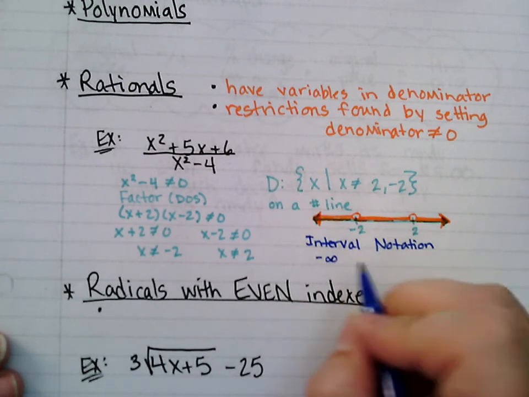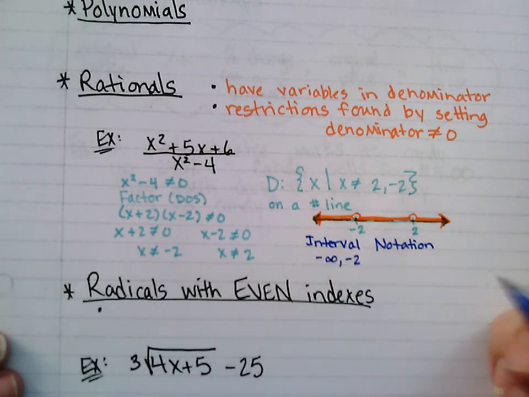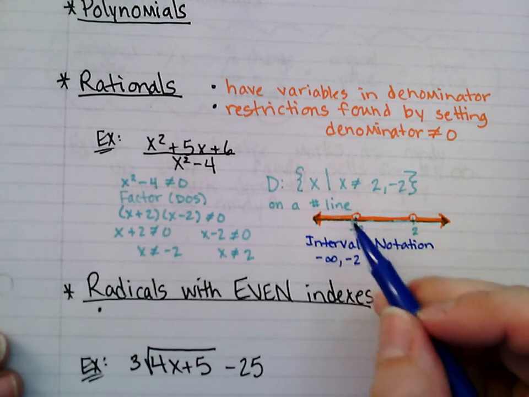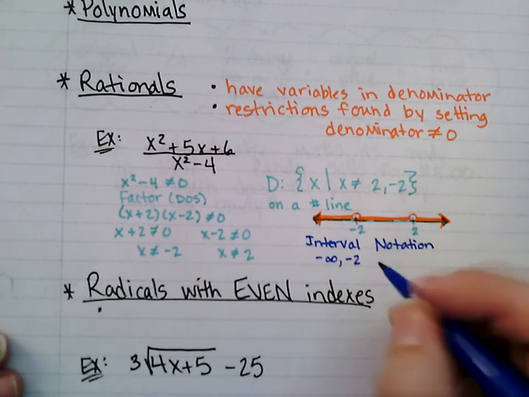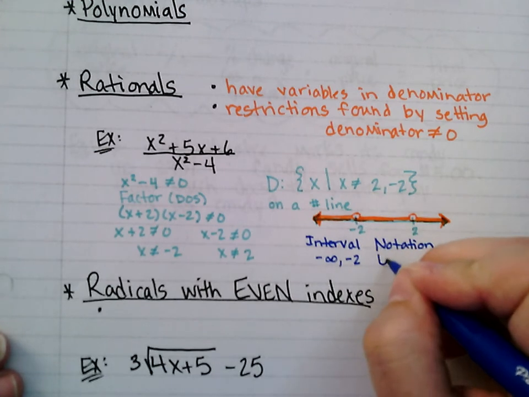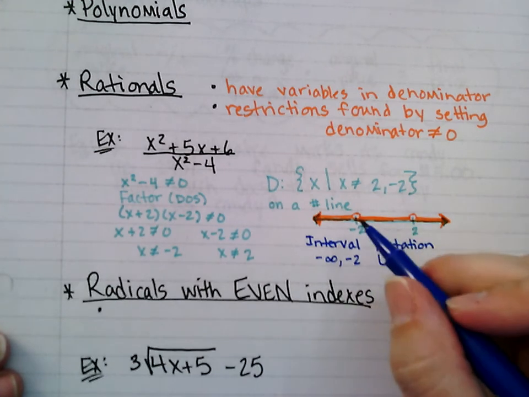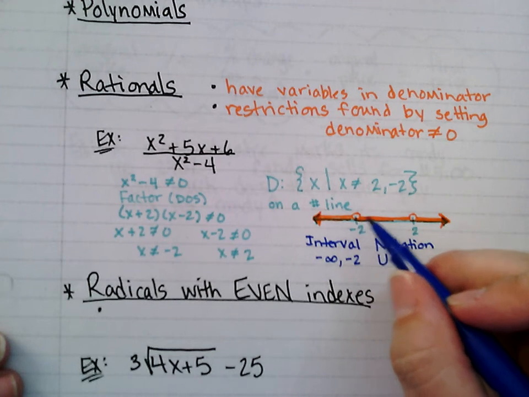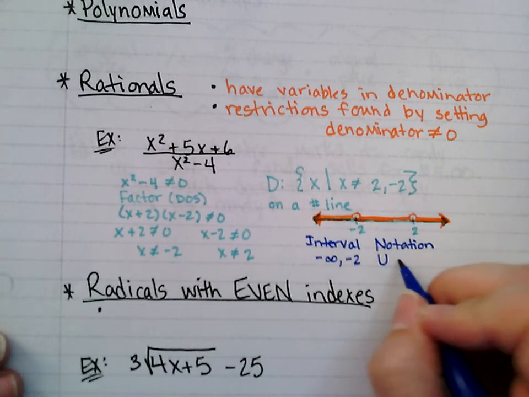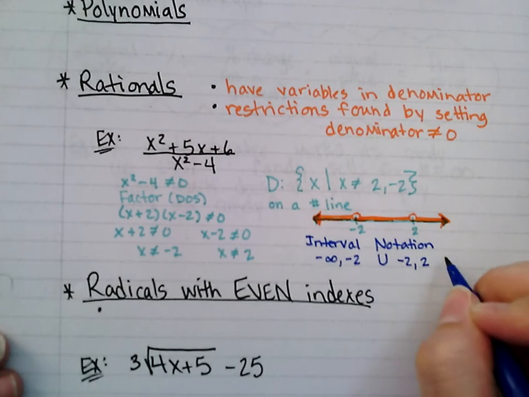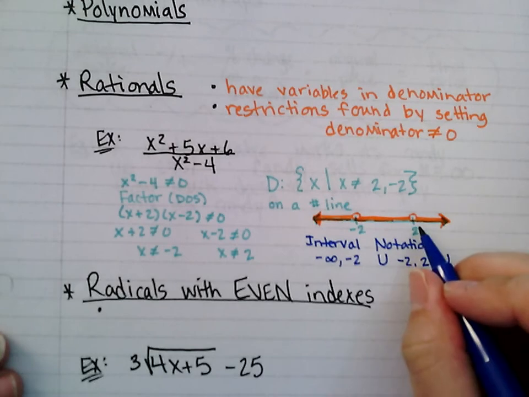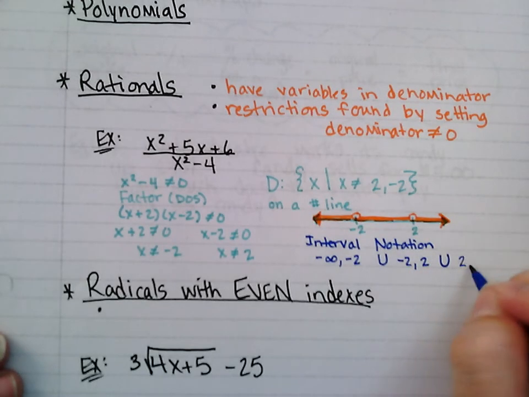The next important number is -2. When I have a gap in my shading, I have to stop and start up again, and I use the letter U. So then important number is -2, next important number is 2. So -2, 2. I have another gap, and then 2, and the arrow is infinity.